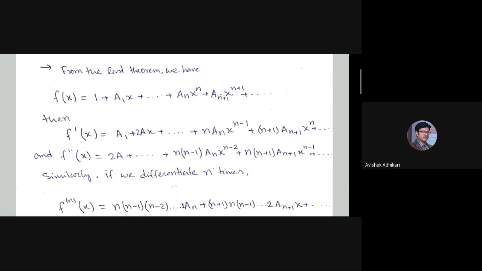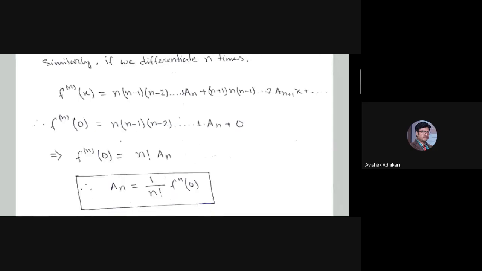Similarly, if we differentiate n times, then we get f^(n)(x) = n(n−1)(n−2)...1·an + a(n+1)(n+1)...2·x + .... If we find this f^(n)(x) at 0, then we get n(n−1)(n−2)...1·an + 0, as the other terms have x.